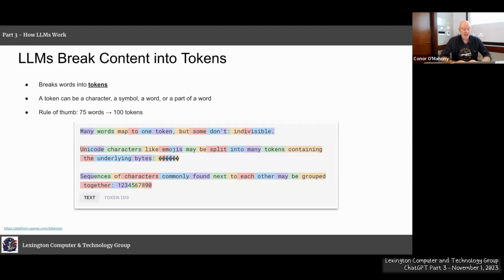So here we've got some color coding to indicate the tokens. And so many is a token, so that's a word. Words with a space before it is a token. Map with a space before it is a token. And so you can see that for the most part, these words are mapping to tokens, but some don't.